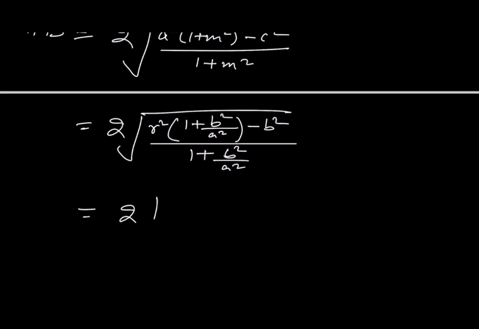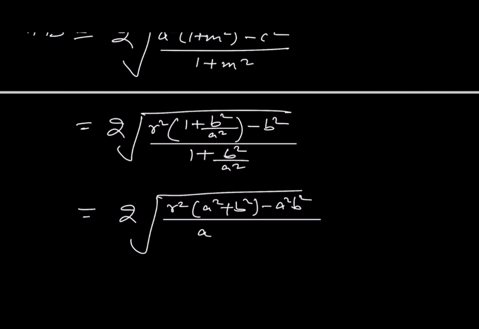So it will be 2 times root over r square times (a square plus b square) minus a square b square, upon a square plus b square. So this is AB.